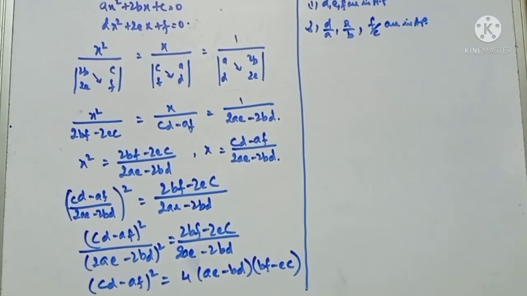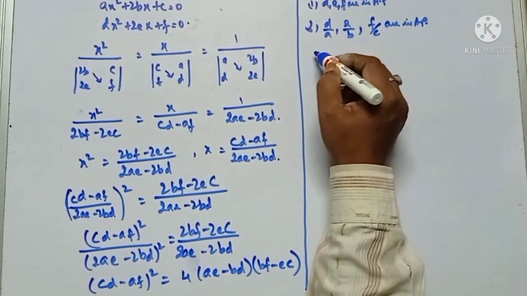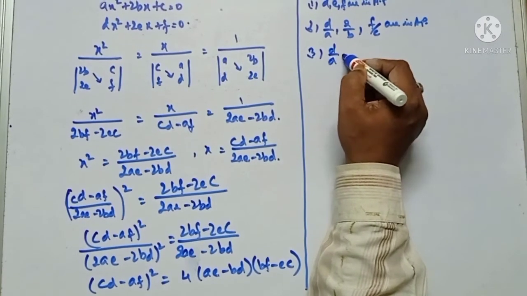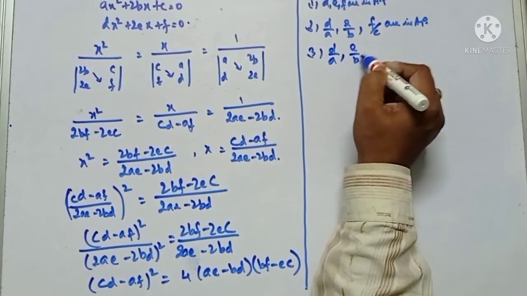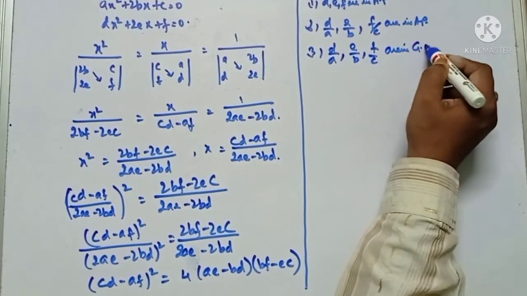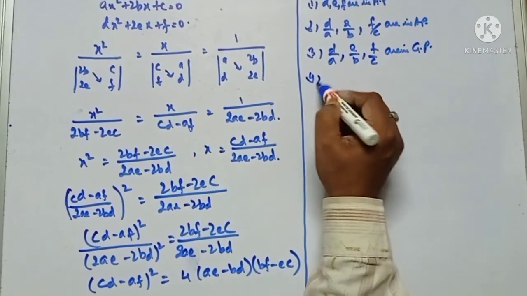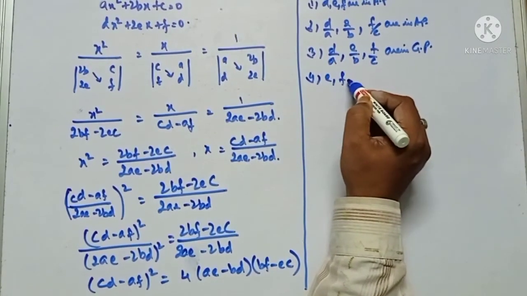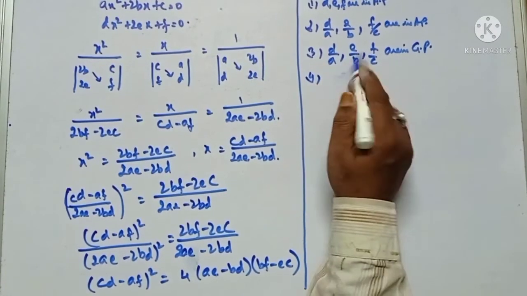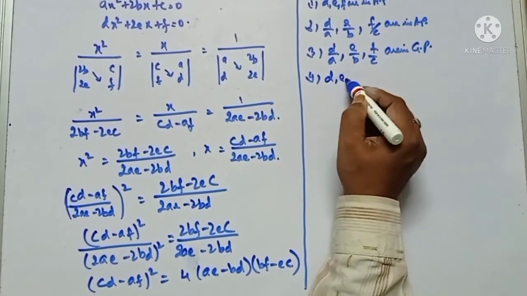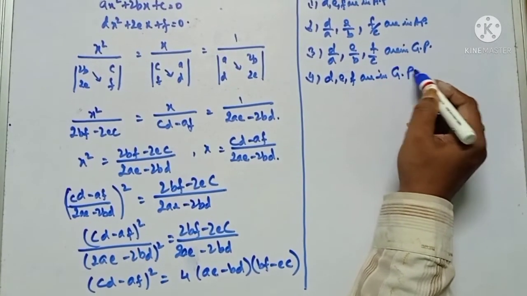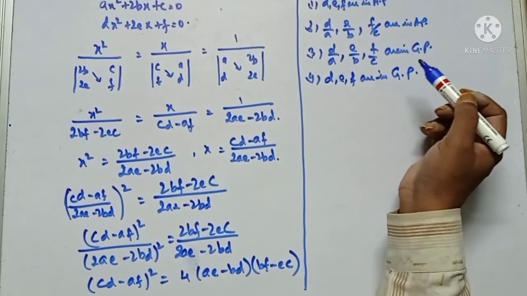And the third option was D by A, E by B, F by C are in GP. And the fourth option was D, E, F are in GP.